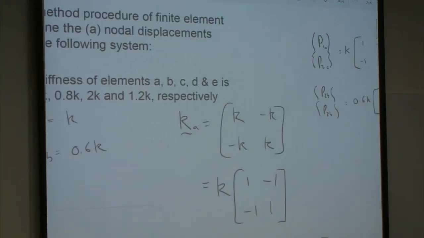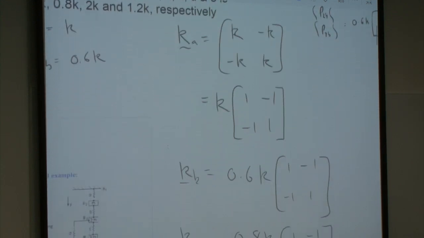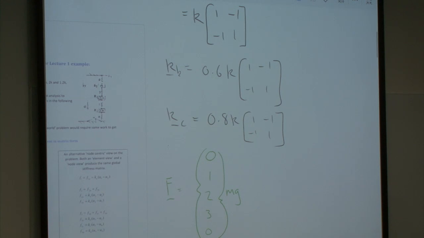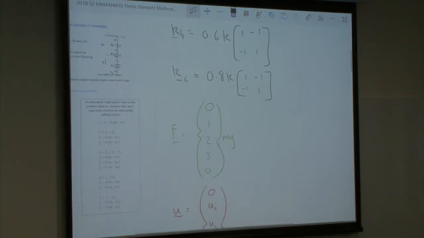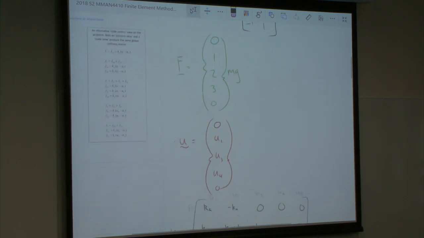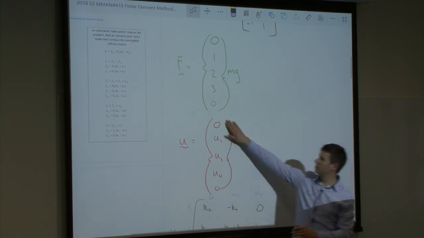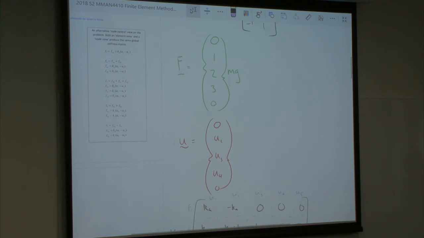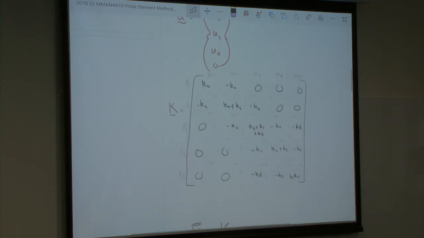So you define stiffness matrices for Ka, Kb, Kc and so forth. Your force vector, which is mg times 1, 2 and 3 respectively, because it's 1m, 2m and 3m. Your u vector, well, you know what u1 and u5 are going to be, because they're 0 and 0. You assemble a stiffness matrix.